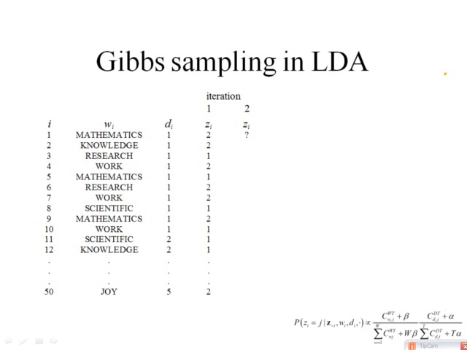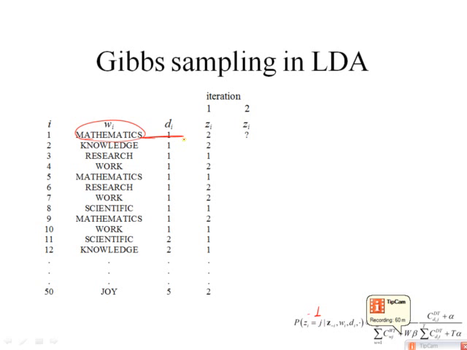Now, if I want this number, what is this saying? This is Wj, the number of times the ith word is occurring in the jth topic. So I'm about to compute ZI equal to 1. To do that, I need to consider how many times mathematics occurred in topic 1. But I should not be counting this instance.